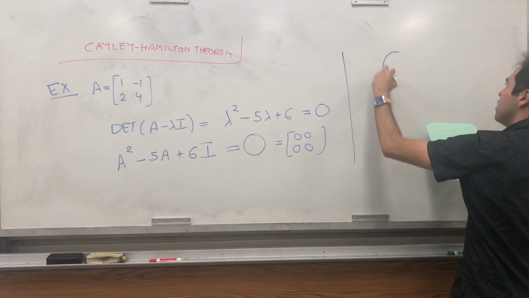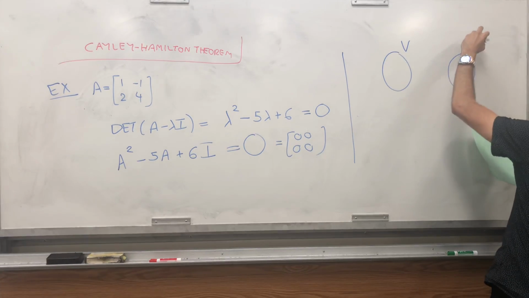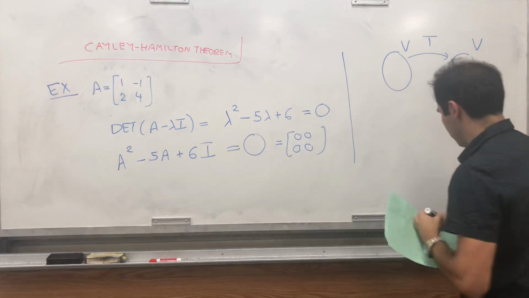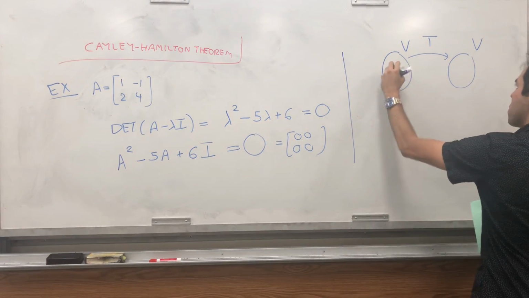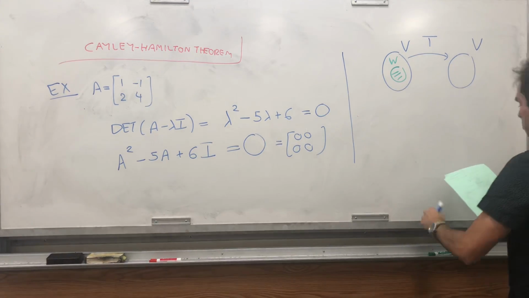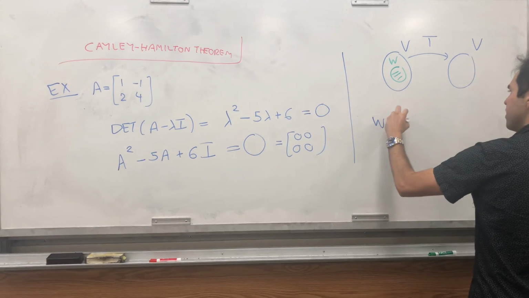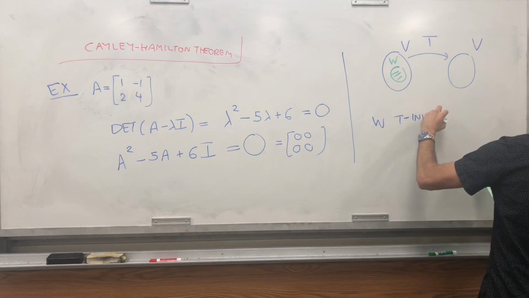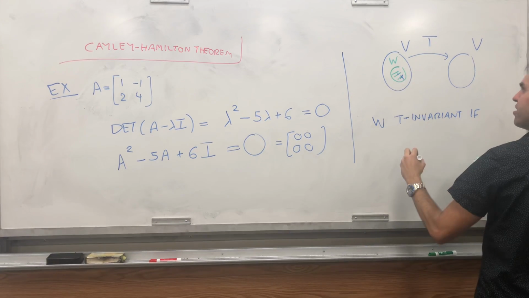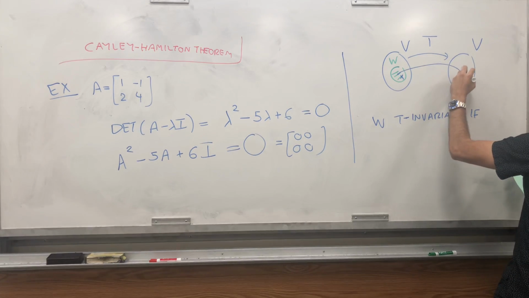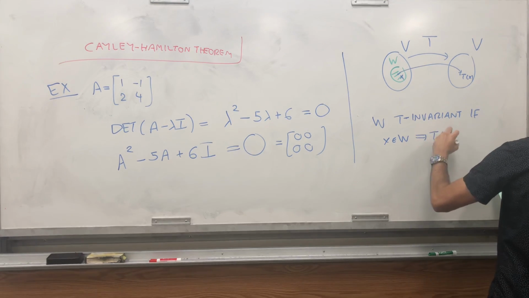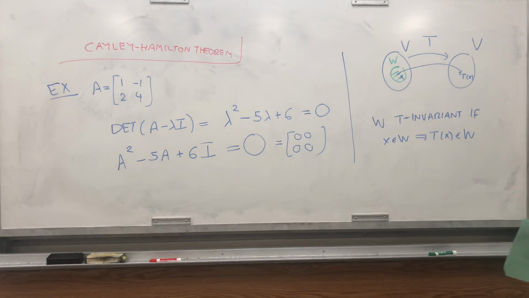Suppose you have a linear transformation T from V to V, and a subspace, let's call it W. Then there are some special subspaces called T-invariant subspaces, and this means W is T-invariant if whenever you start with a vector x in W, T of x is still in W. Think of W as your home.